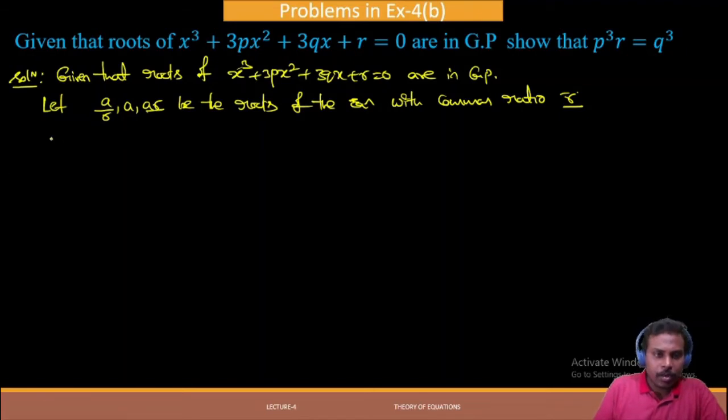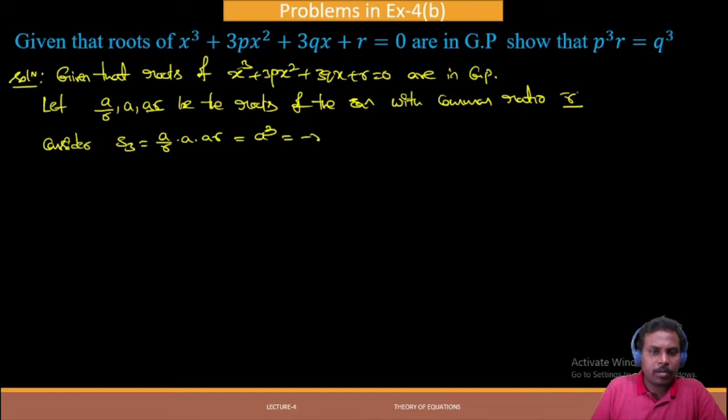Okay. Now consider S3 is equal to a by r into a into ar, that is equal to a cube. So S3 is equal to minus r.